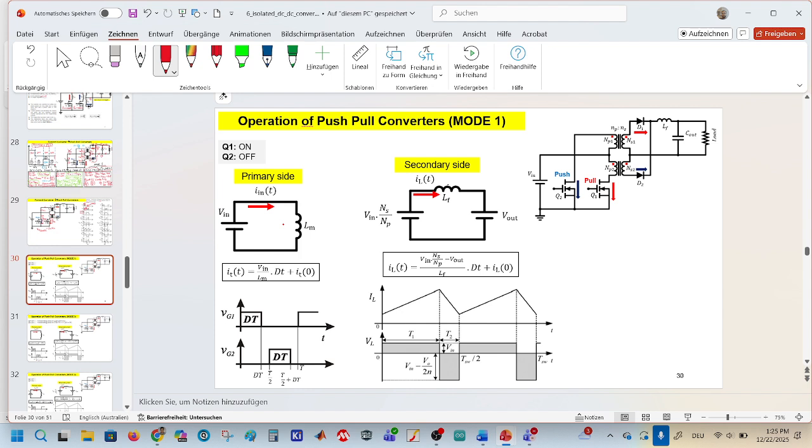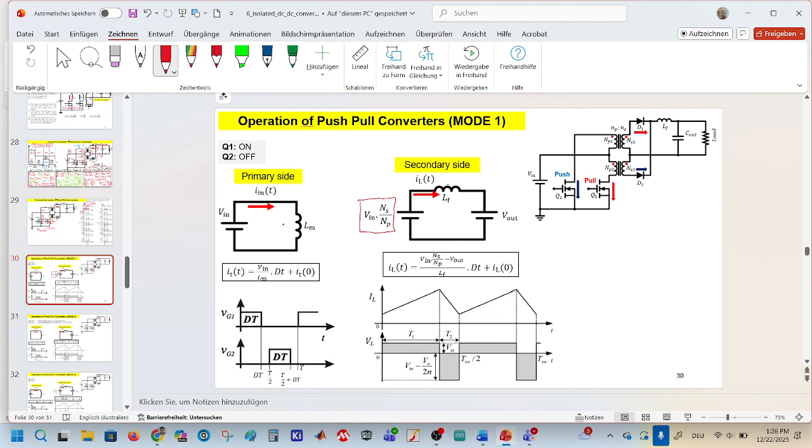There is an input current that flows over the magnetizing inductance that we don't see here, but in real transformers there's a magnetizing inductance. And on the secondary side here, we have the reflection of the input voltage. That is, we can forget about the primary side.